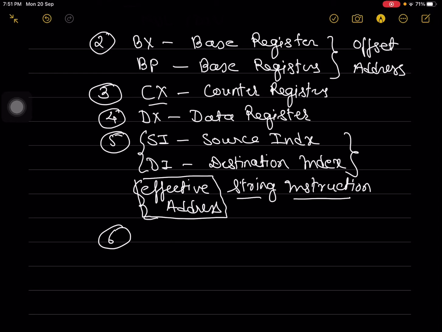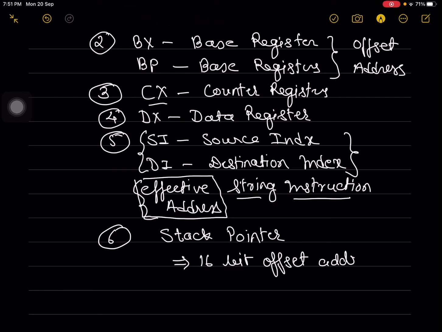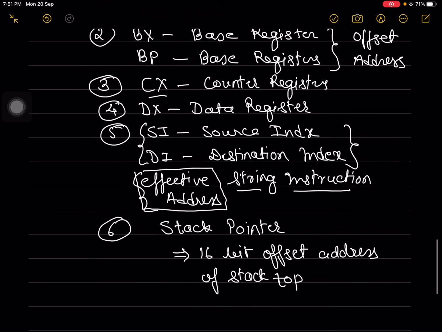After this, we have another important register, SP, which is called the stack pointer. The stack pointer is a specific register which is used for storage of the 16-bit offset address, also called the effective address, of the stack top. Now in the microprocessor, there is a specific segment called the stack memory segment.